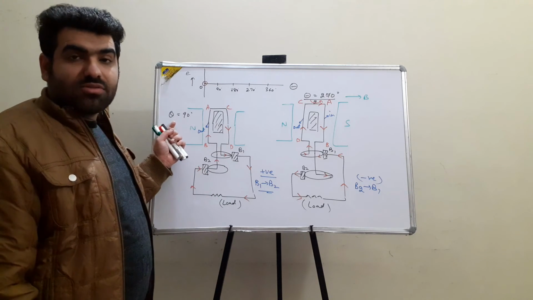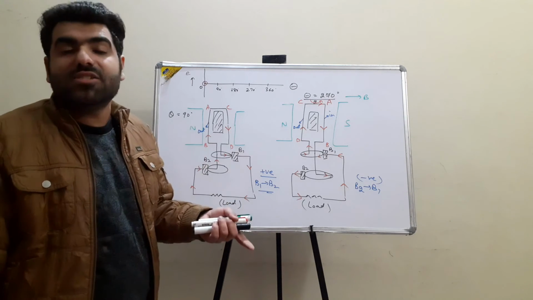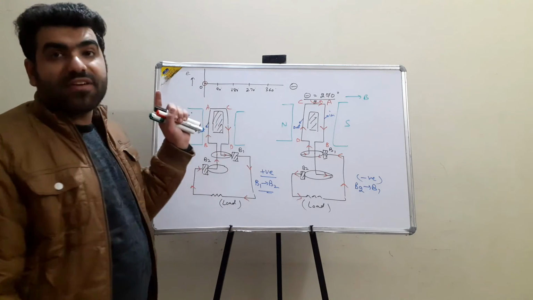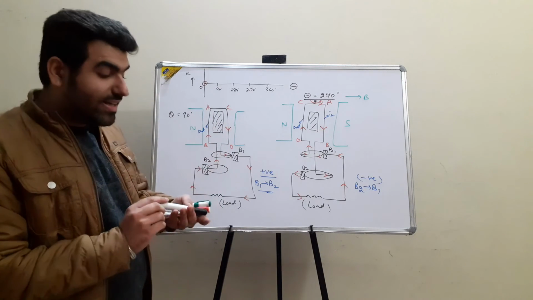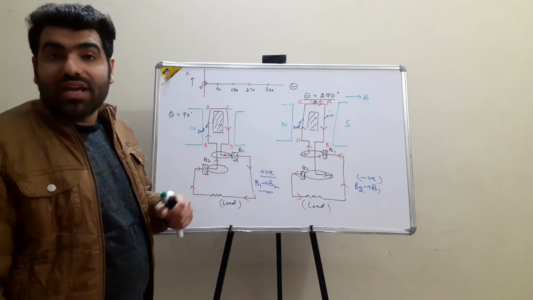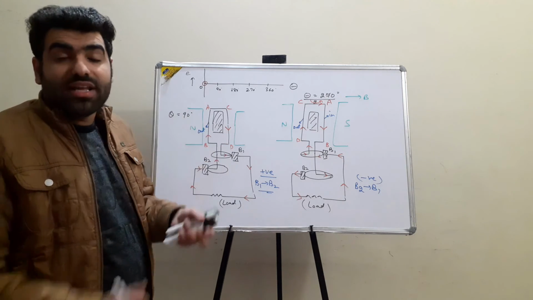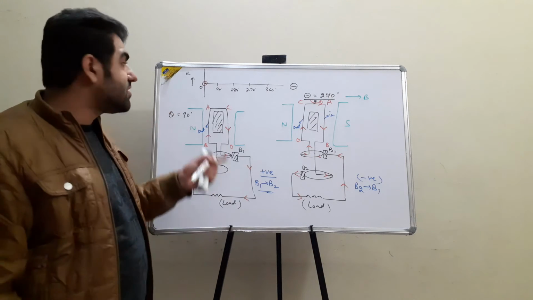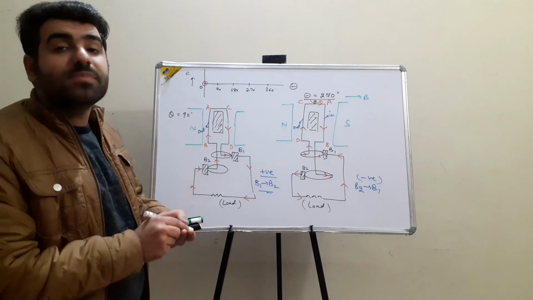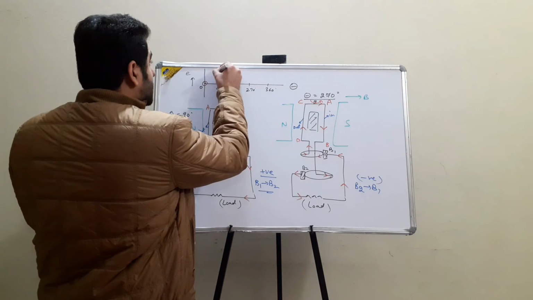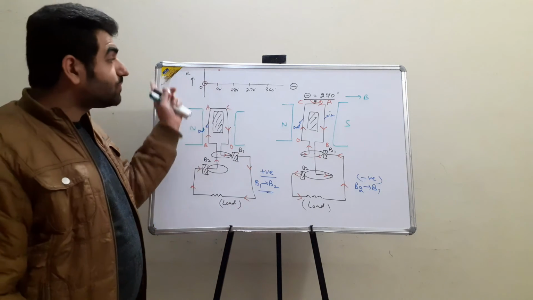At theta equals 90 degrees, when the change in flux is maximum, only then is the EMF maximum. The thing that I want to make clear is that this change is not abrupt but slow. The magnitude will increase slowly and at 90 degrees it becomes maximum. So this is the maximum current.